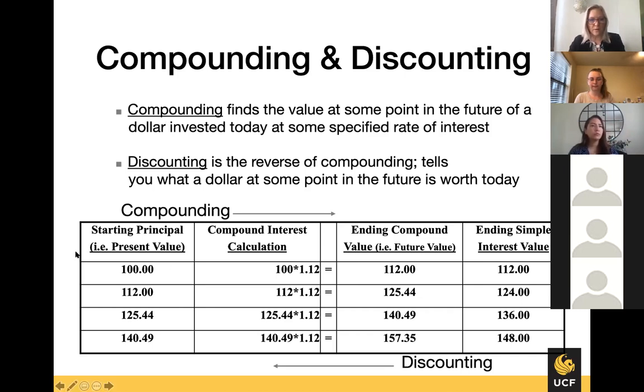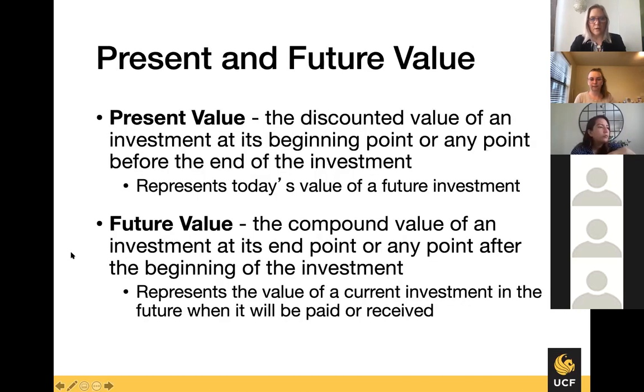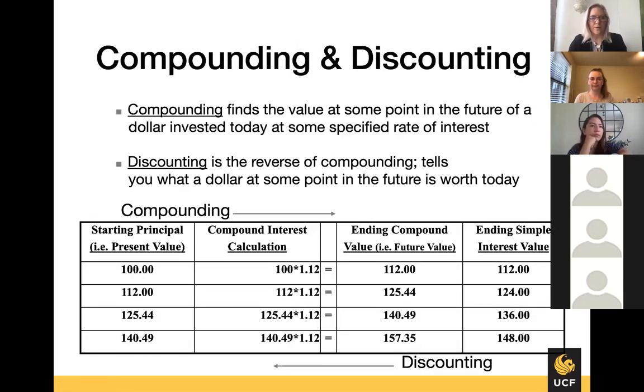So you can see here, this is showing you, oops, sorry about that. This is showing you on this graph that if you have your starting principal, let's say in year one, we decide to invest $100 in the bank. And according to this, we are going to see 12% interest, which I realize seems very high if we're thinking about this in terms of a savings account or something like that. We're talking about investments that are going to earn a higher return than just a bank account. So we can start off here with a $100 principal invested to start.